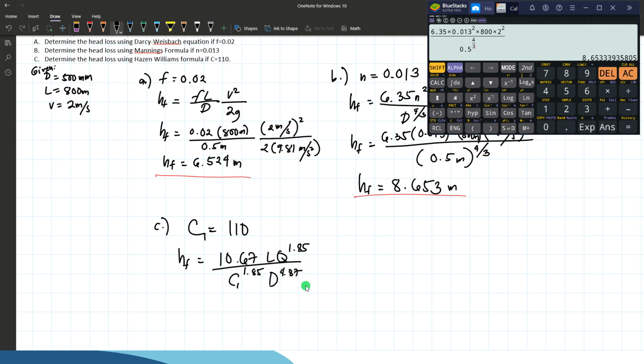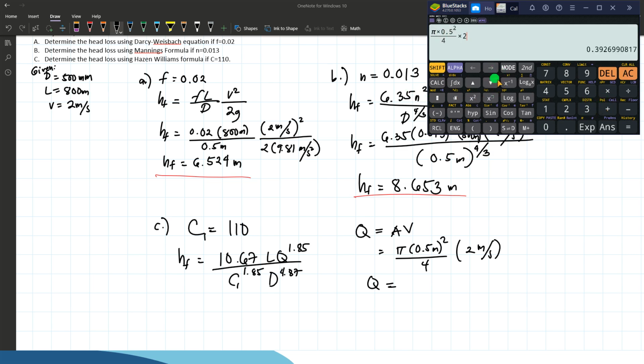So we can compute the discharge by solving using the velocity given. If we have a diameter of 500, take the area of that, multiply by the velocity in order for us to determine the discharge. So the answer is 0.3927 cubic meters per second.